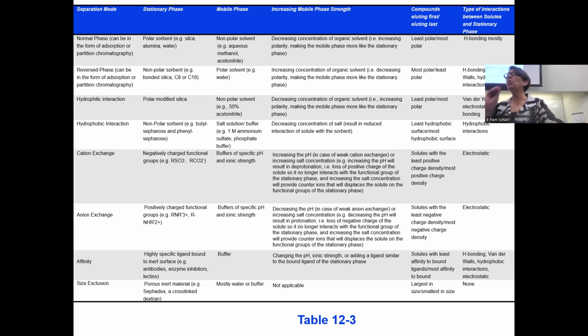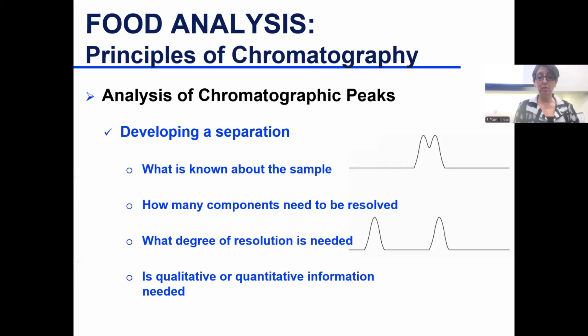All right, so I want to move on to another topic, which is very essential in chromatography. If you're doing chromatography, you really need to understand resolution. Again, we started talking about chromatography, and the first thing we said, how do you define chromatography, is separation.